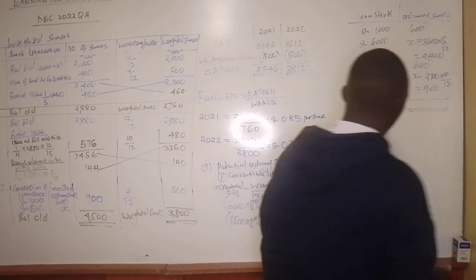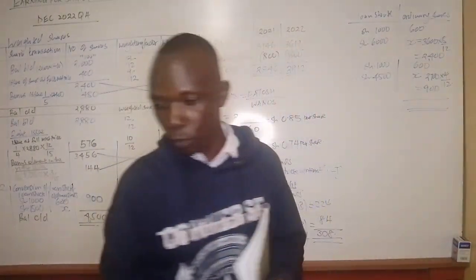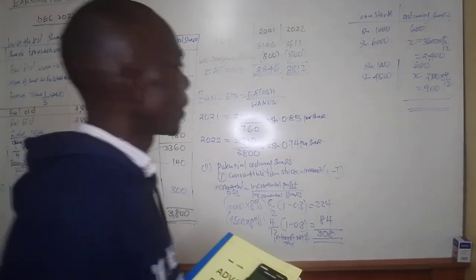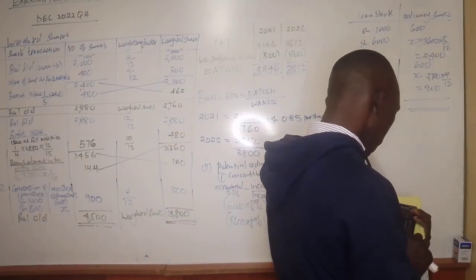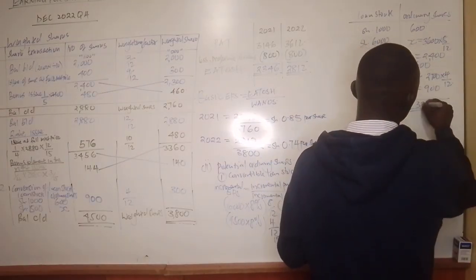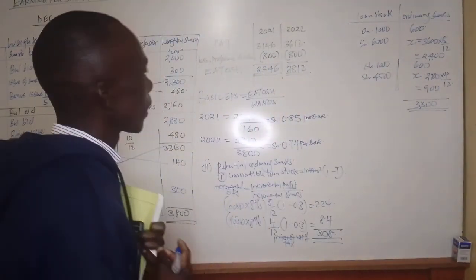The total shares will be this plus this. So it will be 900 plus 2,400, so you will get 3,300. 3,300, that is what you are getting.